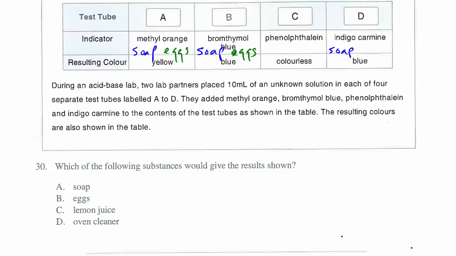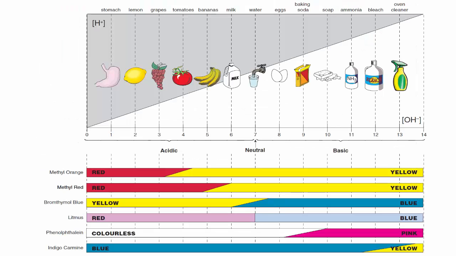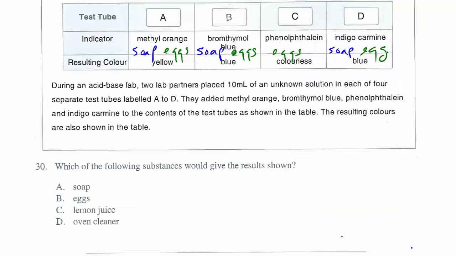Love eggs. Phenolphthalein should be colorless, and lo and behold, eggs show that they are colorless at that pH. And of course, indigo carmine should be blue, and for eggs, yes indeed, it is blue. We have an answer, ladies and gentlemen. It is eggs that will have those 4 results.